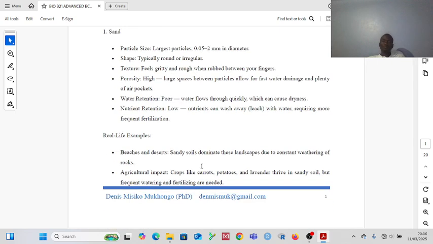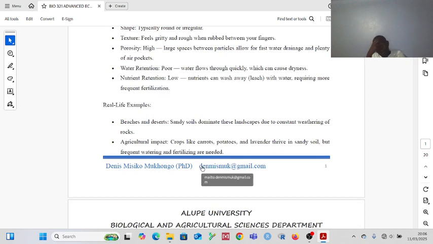Sand particles are found in beaches and in deserts. Because of the constant weathering of rocks that happens on beaches and in deserts, we have so much sand found in these places.